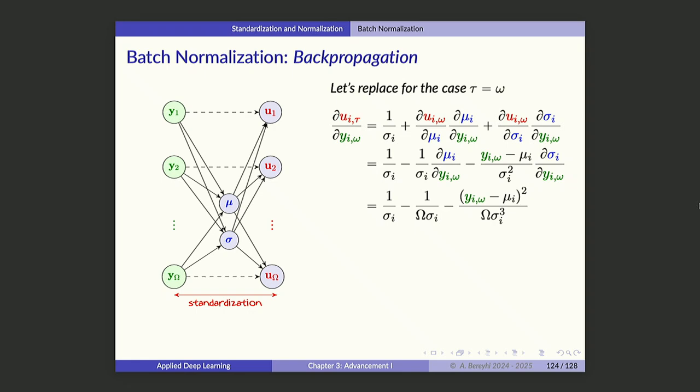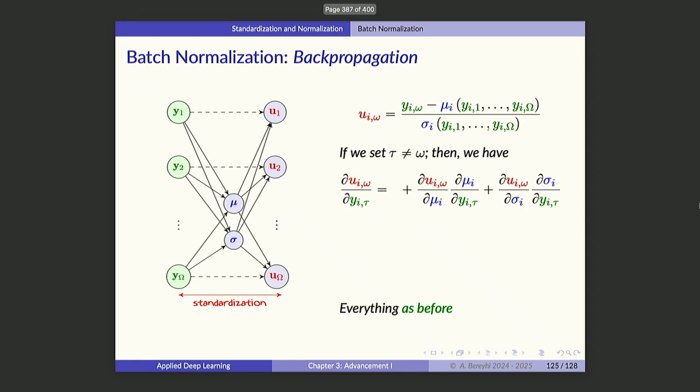Now, what if I want to compute the derivative of u1 with respect to another y, not y1, but y2, say? Everything seems to be the same, with only one tiny difference, and I think we did it on the board once. If I take the derivative of u1 with respect to y2, what's the first term?